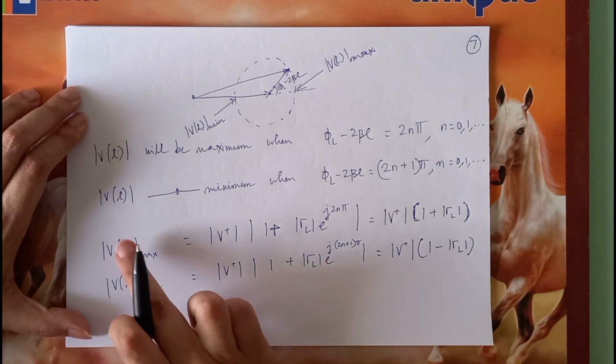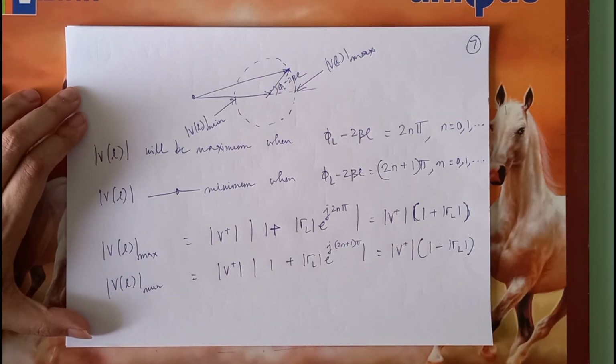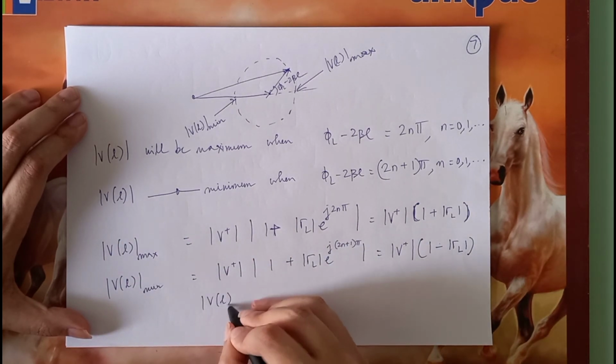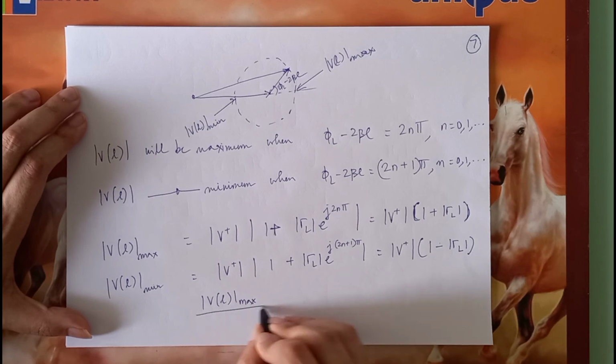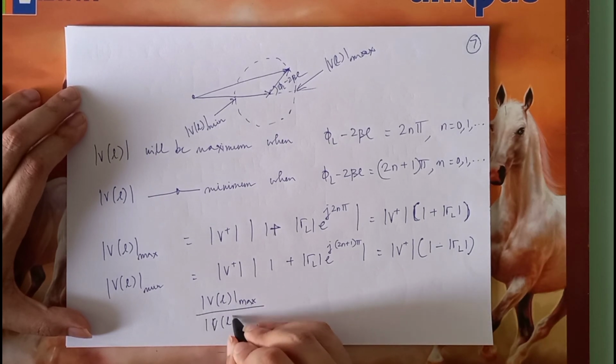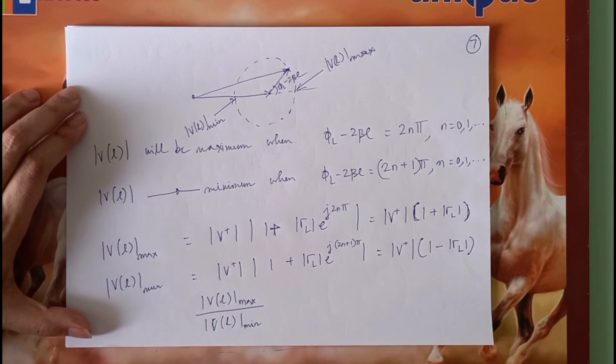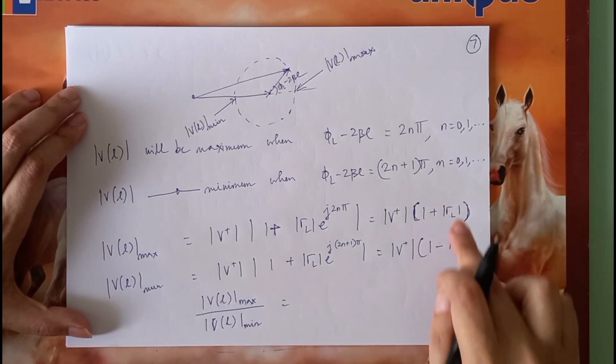So if I take a ratio of the maximum to minimum voltage magnitude, that is VL max by VL min, that would be the ratio of these two.